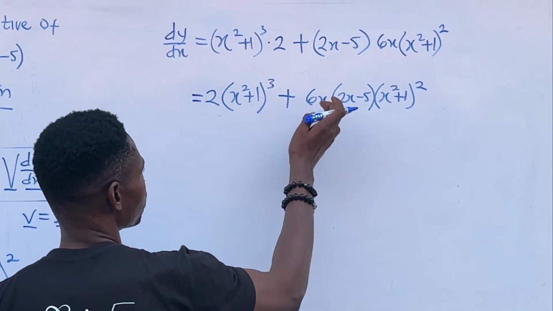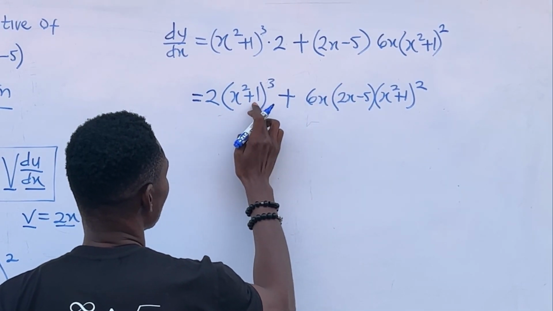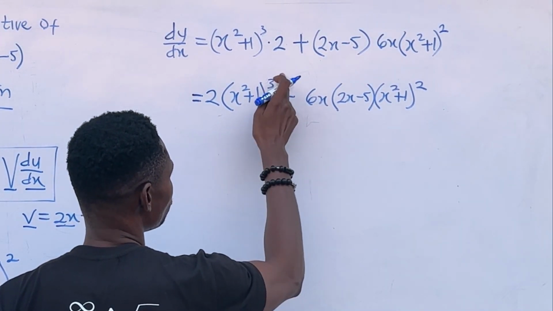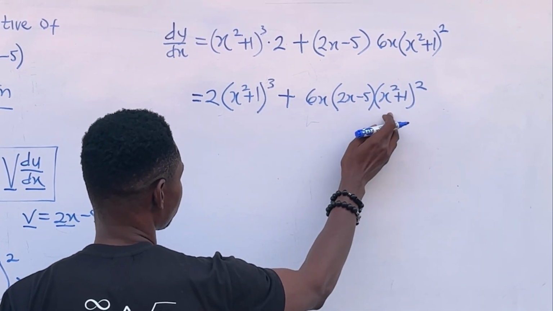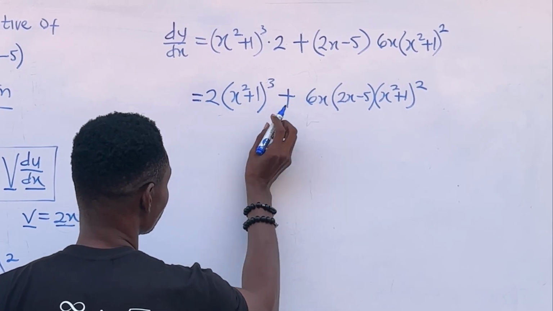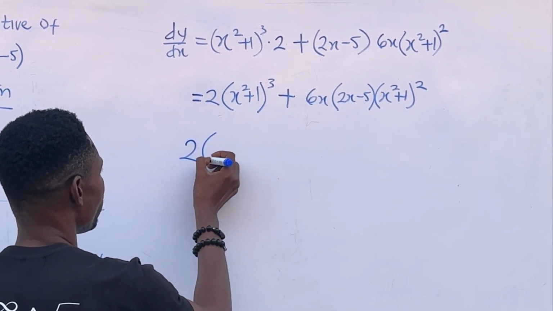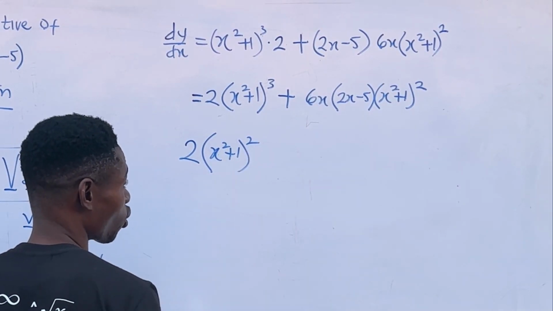Now if you look at the two sides, we have (x squared plus 1) cubed and (x squared plus 1) squared. So (x squared plus 1) squared is common. In fact, 2 is common too, because there's a 2 here and a 6 here. So we can say 2 into (x squared plus 1) squared is common.